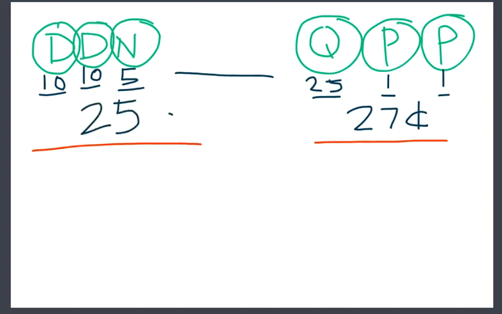So I'm comparing 25 cents to 27 cents. 25 cents is less than 27 cents. I want my mouth to go towards the bigger number, eating the bigger number. And where the two points meet, they're pointing at the smaller amount.